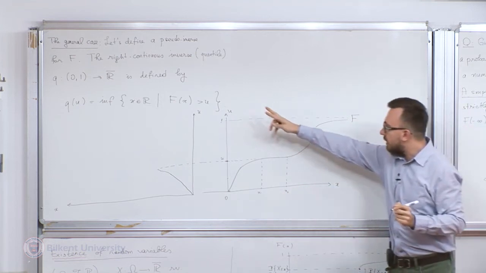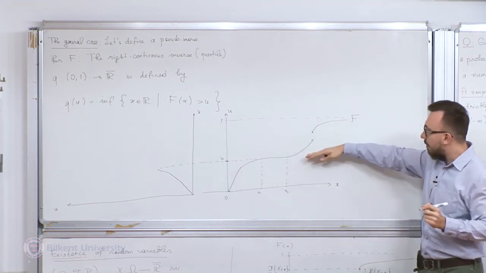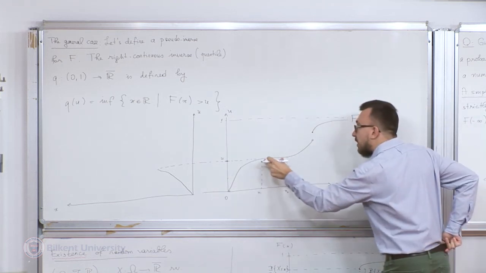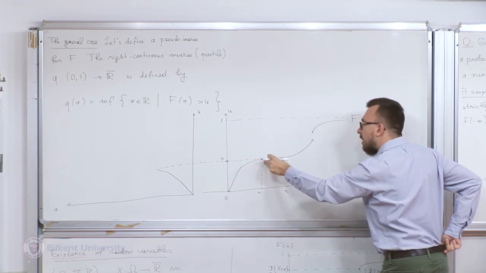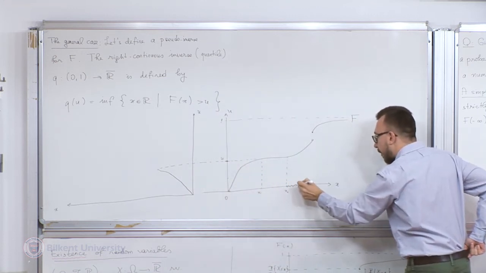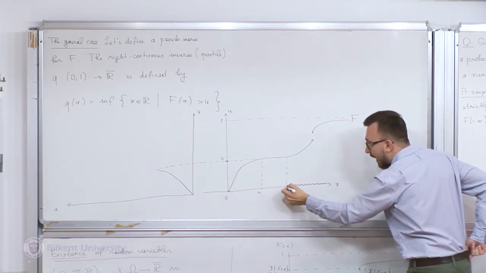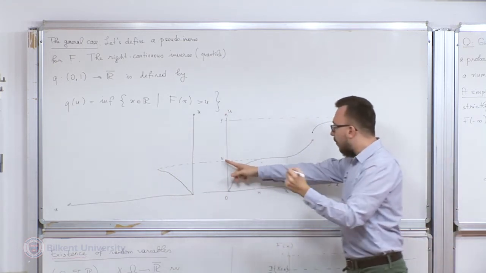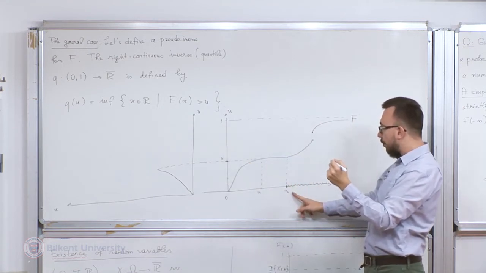Can you tell me the set of x values for which f is strictly above u? Greater than x2, right? Not x1. Because here in this region, it is equal to u, so it doesn't satisfy this definition. So we only take values here. And the infimum of those values is just x2. So this means we define q of u as x2.